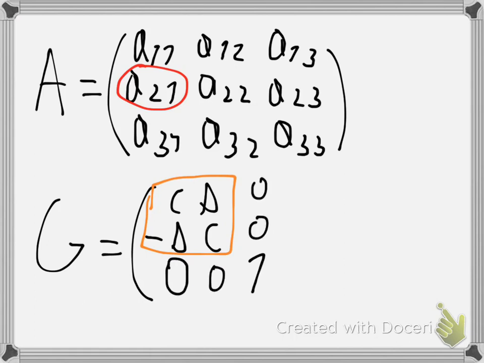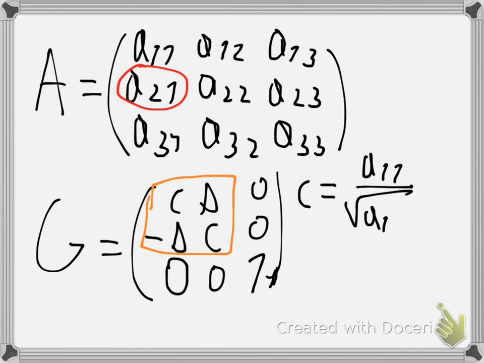So there will be 0, 0, 1 here. Now our cosine is given by the top element of the vector, so here A11, over the square root of this element squared, plus the element you want to eliminate, so A21 squared.